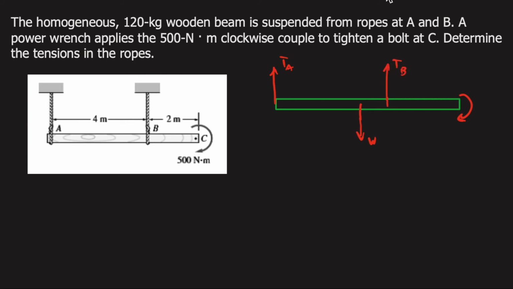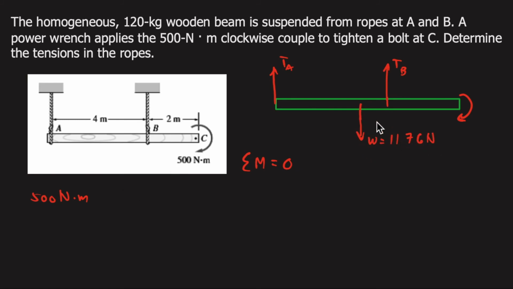Now to solve this problem, we can use the first or the second condition, which is the summation of M must be equal to 0. Okay, so let's identify all the moments here. The first moment is this, which is 500 Newton meter. Since it's clockwise, it's positive. Now the second is the weight, equal to 100 kilogram times 9.8, so that's 1176 newtons.